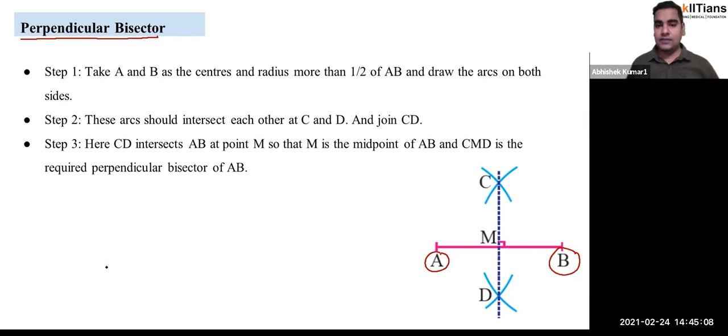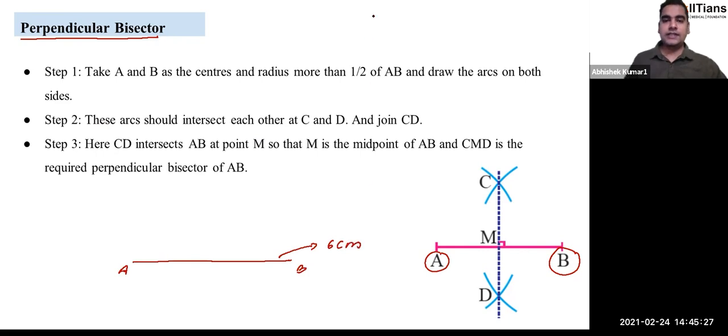I am assuming here the length of AB to be 6 centimeter just for the sake of convenience, guys. So let's say this is my AB. Clear? So this is A, that is B, and here I have assumed AB has length equal to 6 centimeter. Now, what do I have to do?